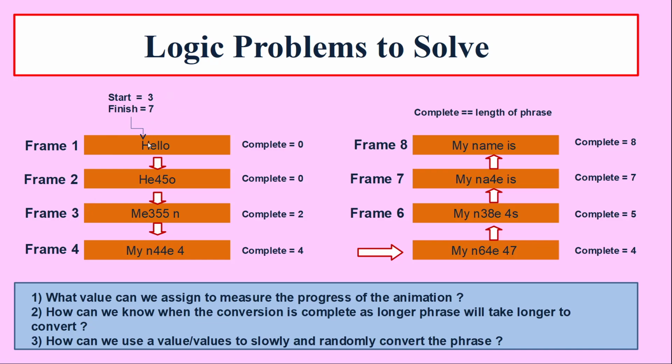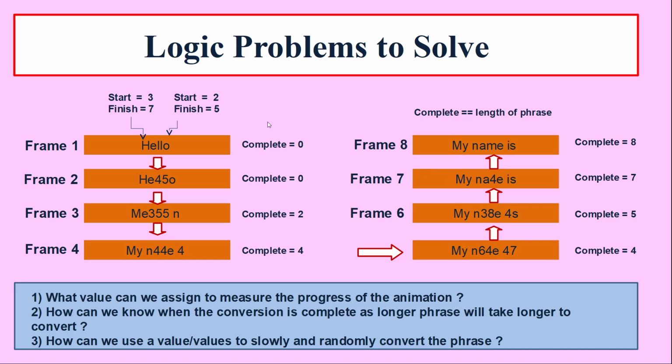For this character, we pick a random character, and each time there's a frame, we change that character to a random character. Then when the frame equals the finish value, we change that character into the new phrase character.